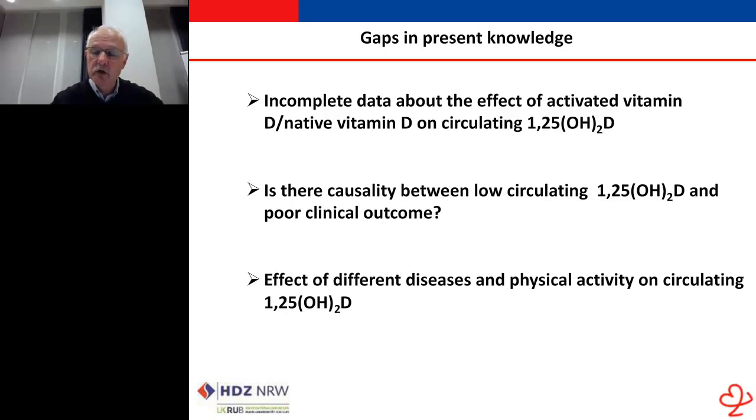Several observational studies indicate that there may be an association, but we need more randomized controlled clinical trials. And also the effect of different diseases and of some lifestyle factors like physical activity on circulating 125 dihydroxyvitamin D has to be studied more detailed.